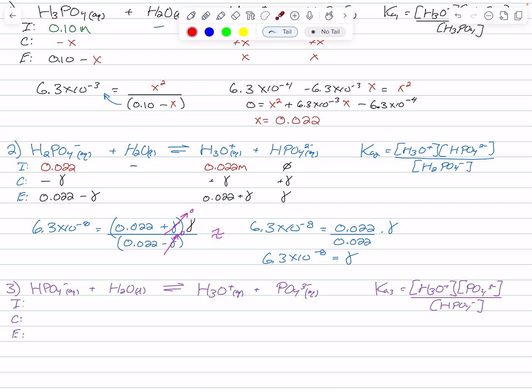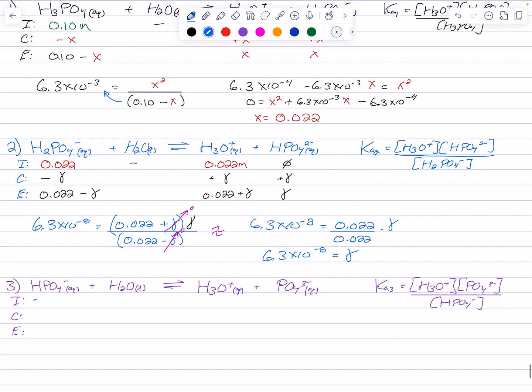Now, here is what we start with because that's what we ended with, right? So for hydrogen phosphate, we are going to start with 6.3 times 10 to the negative 8. For hydronium now, we have X for hydronium up here, right?